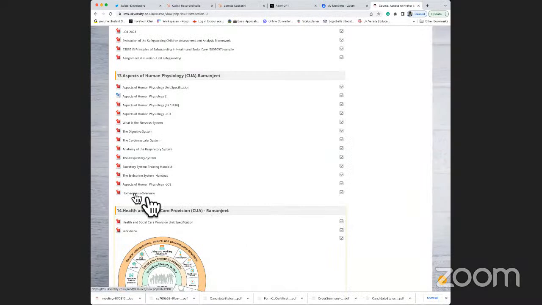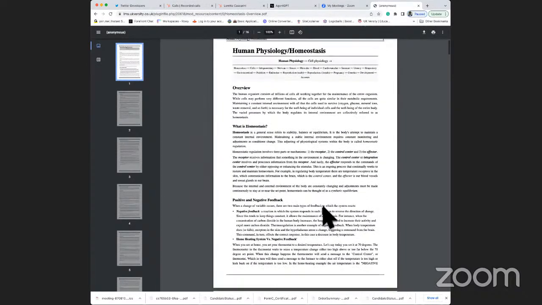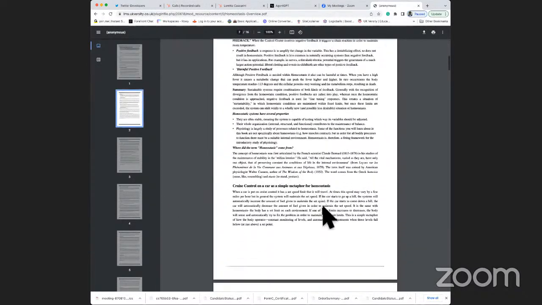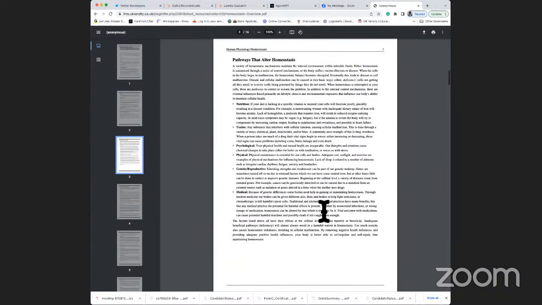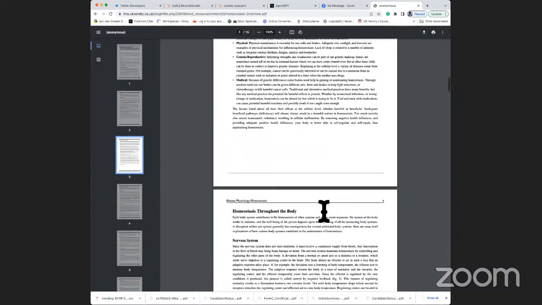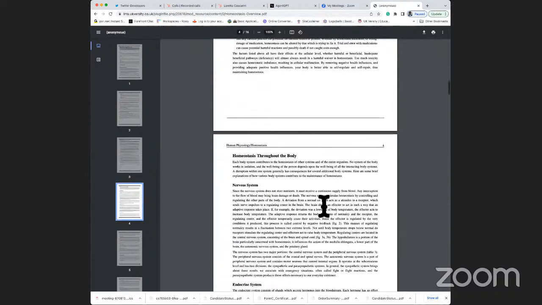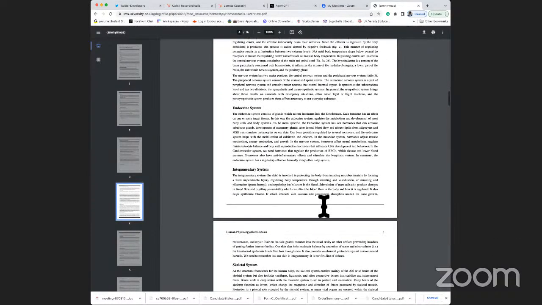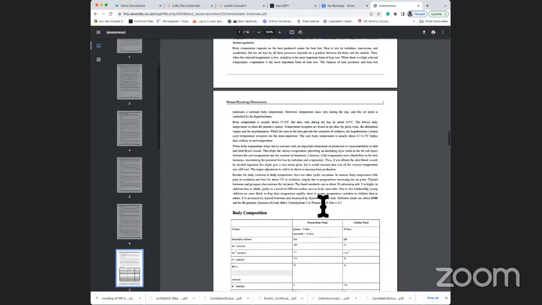This particular handout, the homeostasis overview, covers this process in a great amount of detail with some examples of how you would want to explain it relating to different organ systems. So homeostasis from the point of view of the nervous system, endocrine system, integumentary system, skeletal system, lymphatic, all the various systems which are there in the body.